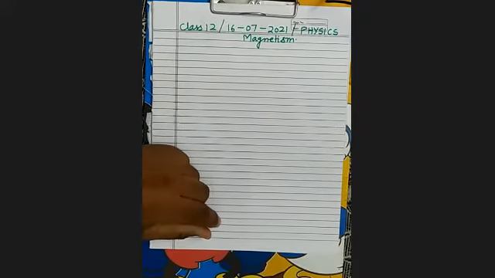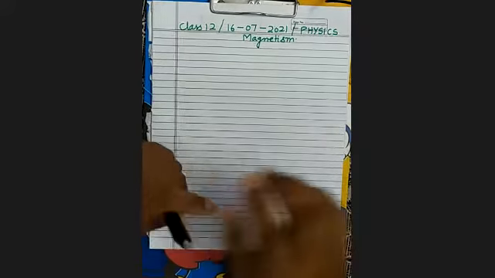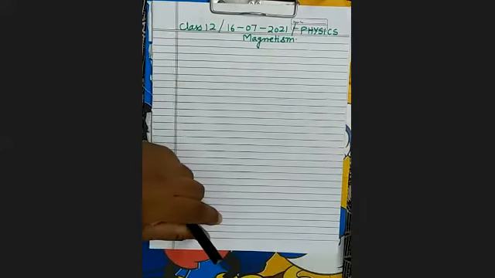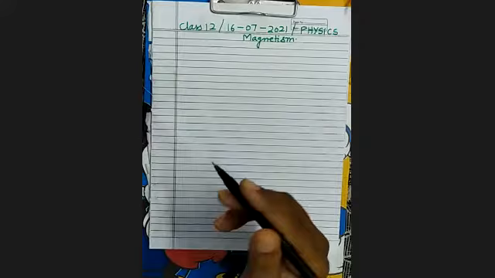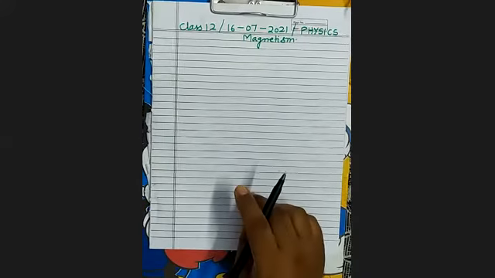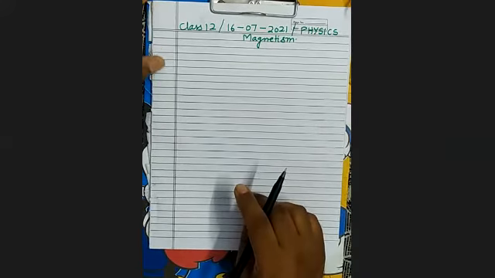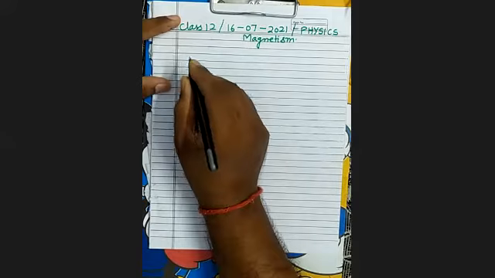So yesterday I have explained you about the torque acting on the magnetic dipole. Today I will explain some more formulae related to the magnetic dipole. So here there is one formula.